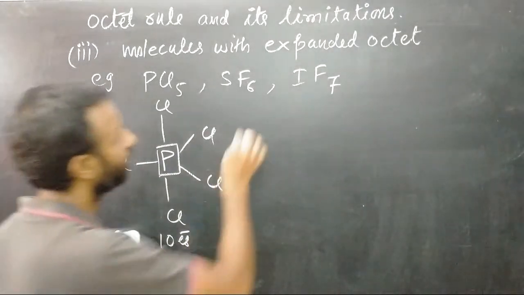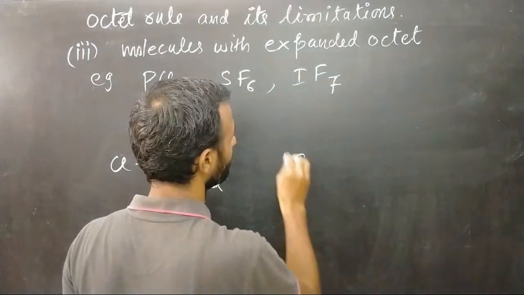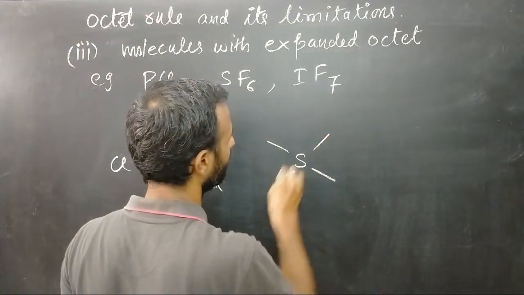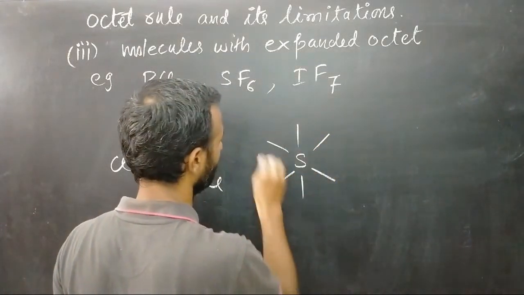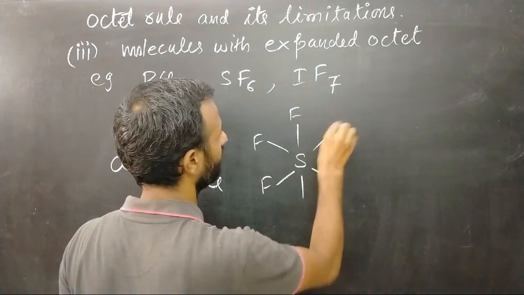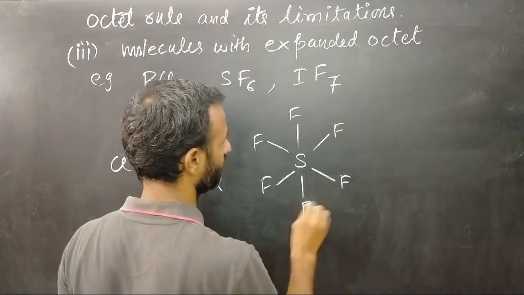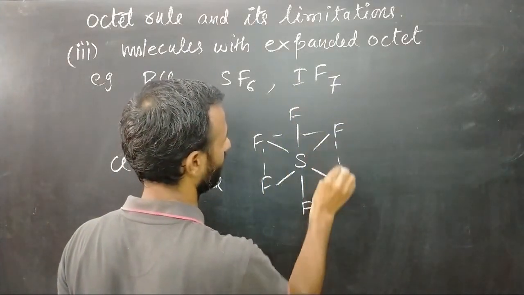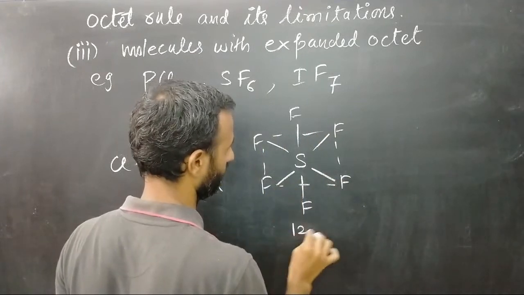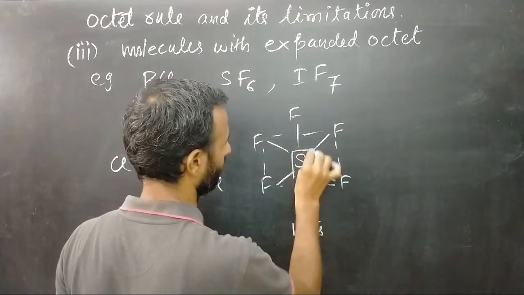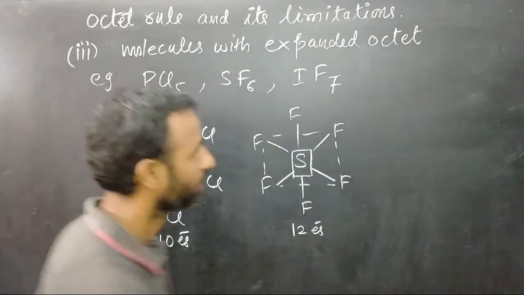In SF6, sulfur is surrounded by 6 fluorines, so there are 12 electrons around sulfur.